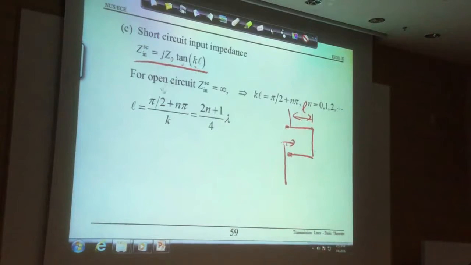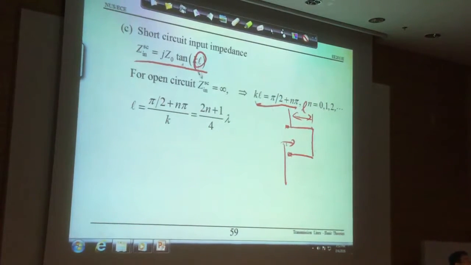Then for open circuit, this KL should be this value, meaning impedance is infinity, right? Short circuit, the input impedance is 0, right? Open circuit is infinity. So for infinity, this should be pi over 2.